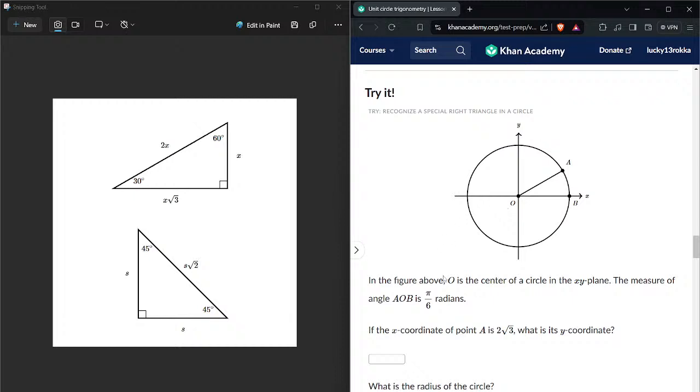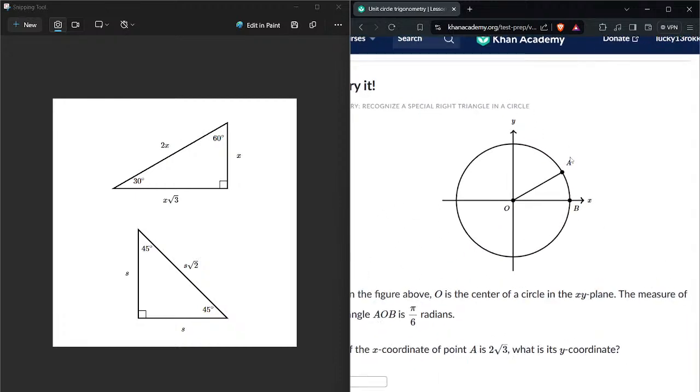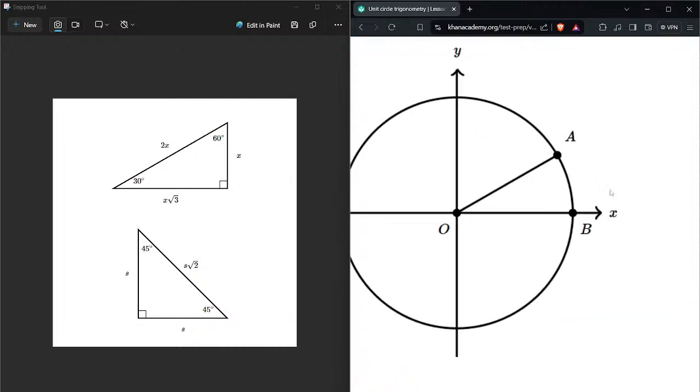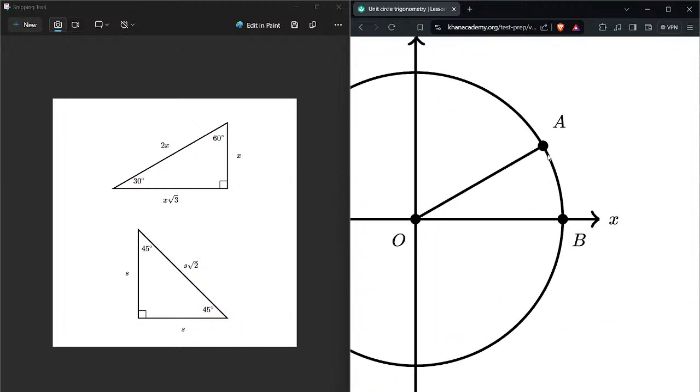We have OA, that's 2 root 3, right? We have pi by 6. So can we just take this as a straight line? If I can take that as a straight line, then I'm all good. There is no way I can take that as a straight line at all. Okay, so we'll have to do this.